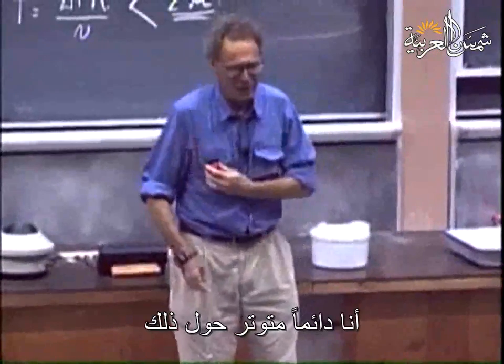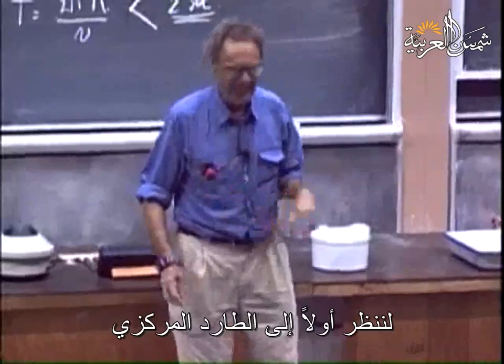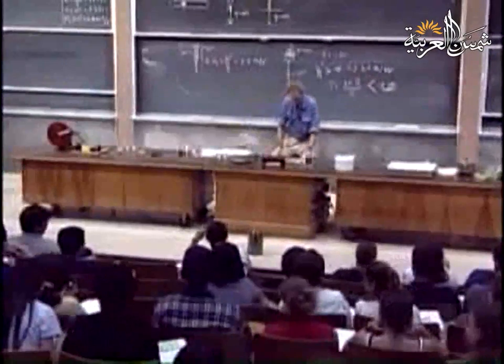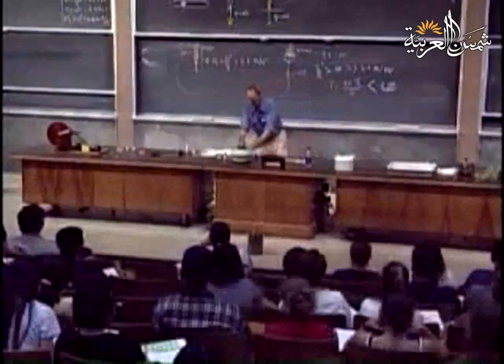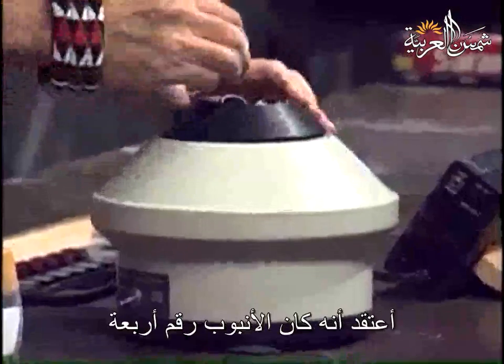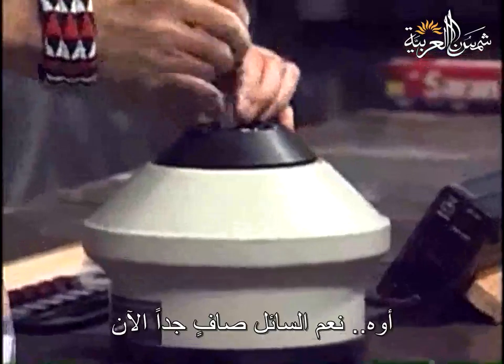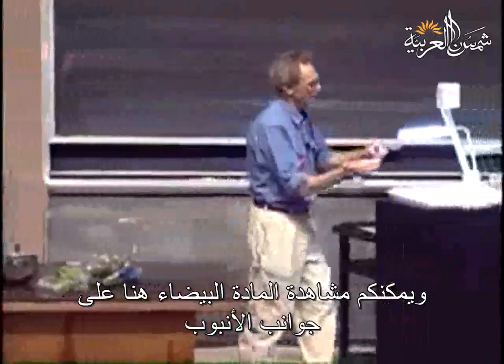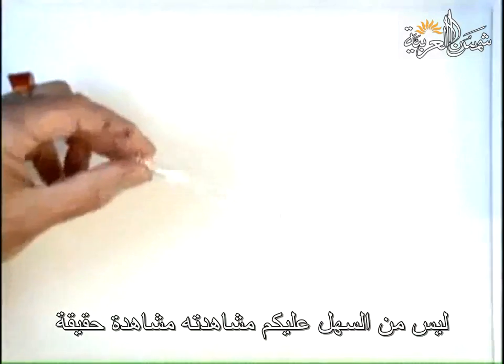I'm always nervous about this. Let's first look at the centrifuge. We have to see whether the centrifuge has done its job. So let's look at this tube, I think it was tube number 4. Oh yeah, very clear is now the liquid, and you see the white stuff here on the side. It's not so easy for you to see, really.